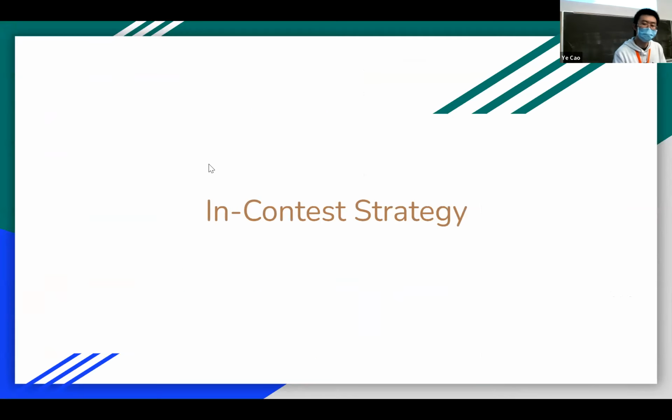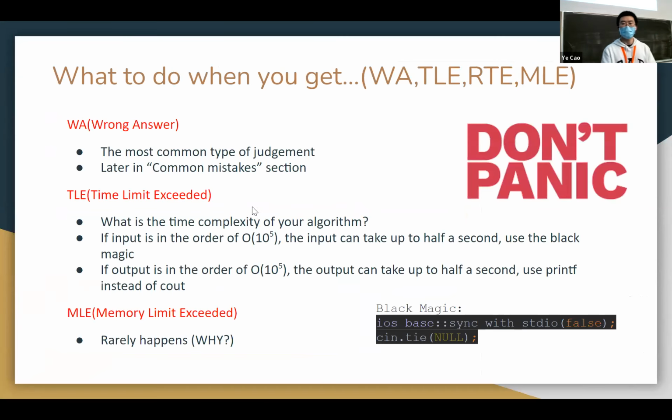Now I want to talk about some in-contest strategy. What to do? Okay, you finally type up your solution and you submit your solution. Of course, you want to get AC, which is that green mark we all long for, accepted, right? But when you don't get AC, here are something else that you might get.